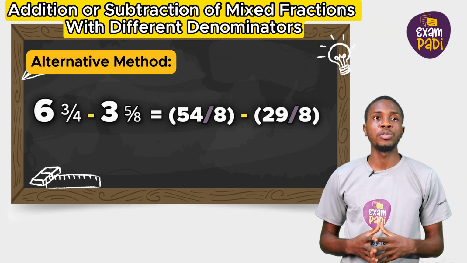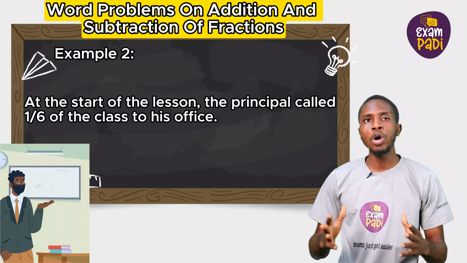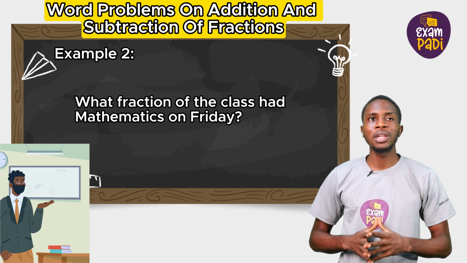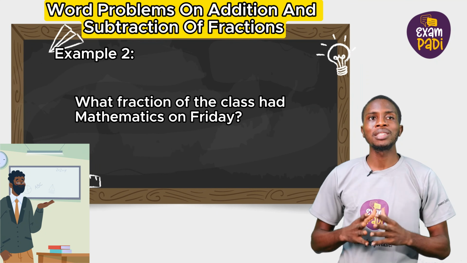Example 2. Only 9 over 10 of the mathematics class came to school on Friday. At the start of the lesson, the principal called 1 over 6 of the class to his office. What fraction of the class had mathematics on Friday? Solution. The fraction of the mathematics class present in school equals 9 over 10.